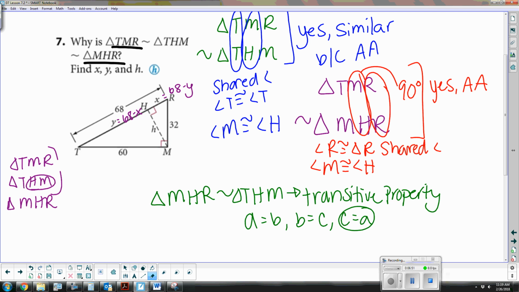So I know when I write my similarity statement, HM has to correspond to MR, and that's going to be equal to TR to TM. So my HM is H, my MR is 32, and that's going to be equal to TR, which is 68, over TM, which is 60.